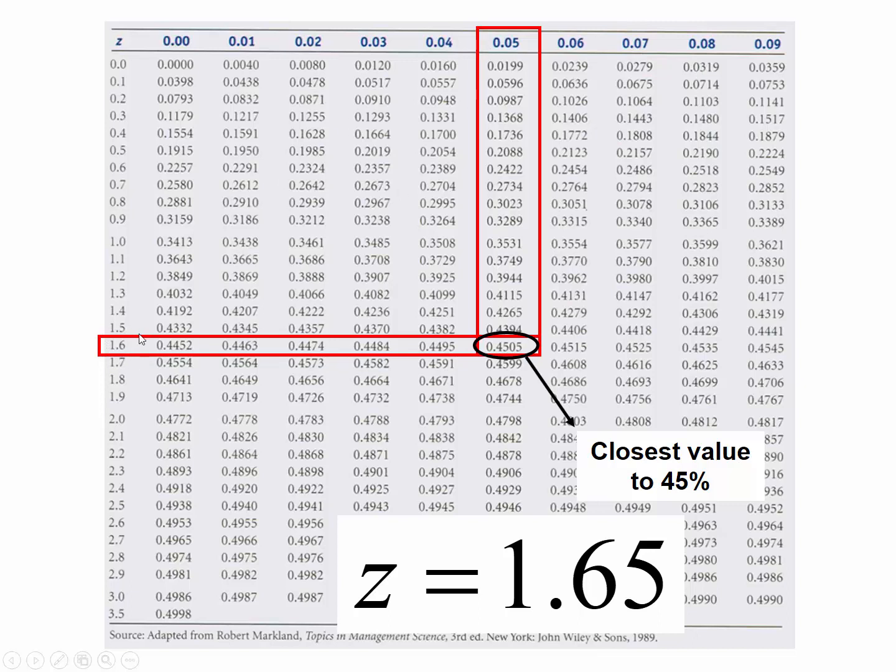So 1.6 here plus 0.05, that's 1.65. That's my z-score. What does that mean? It means that if you want to have only a 5% chance of stock out, then your z-score is 1.65, or if you like, the cutoff is 1.65 standard deviations away from the center of that distribution.